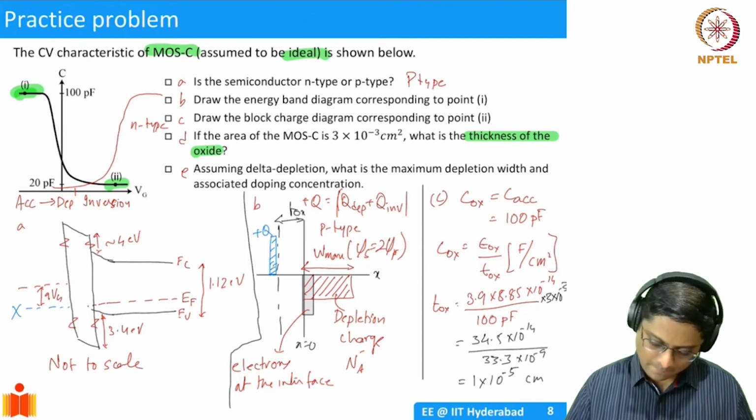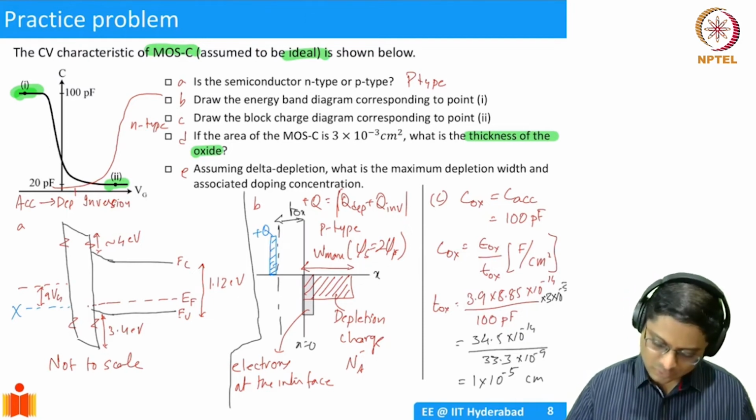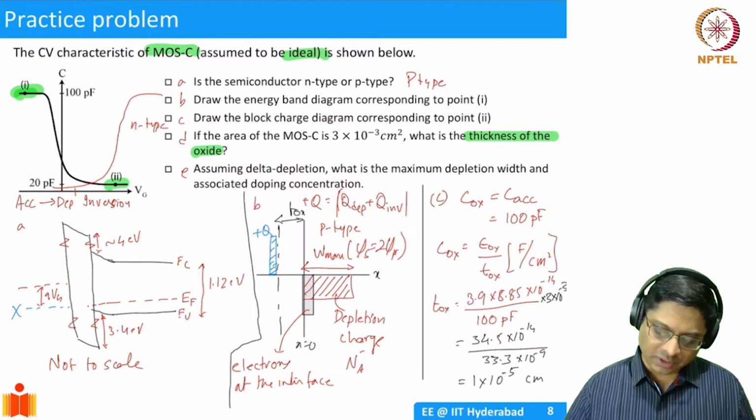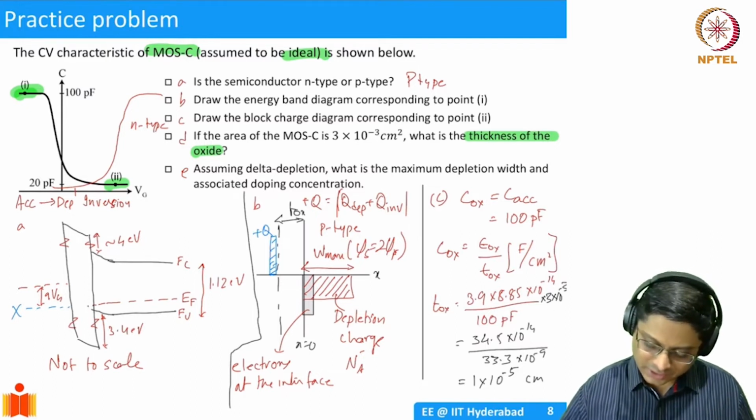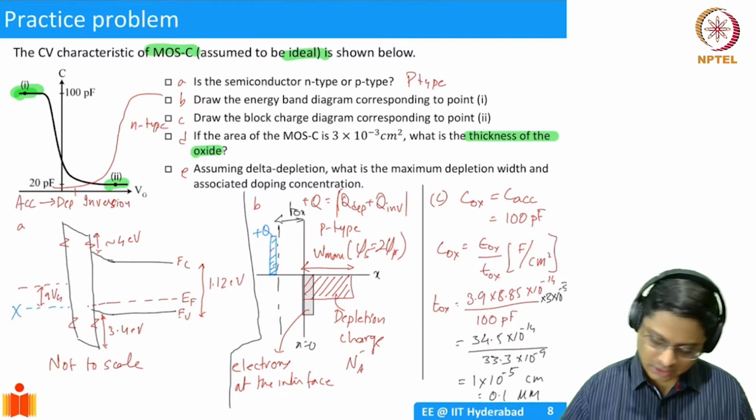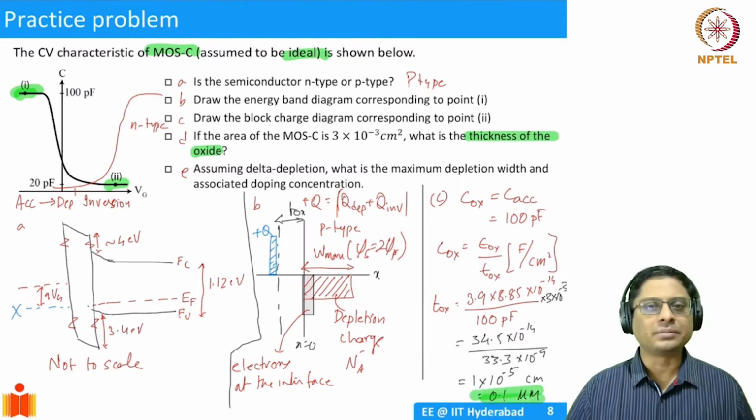So if I take out one more 10 power minus 1, if I divide by 10, essentially I'll get 0.1 micrometer. The answer is 0.1 micrometer. Okay, that's how you solve the thickness of the oxide.